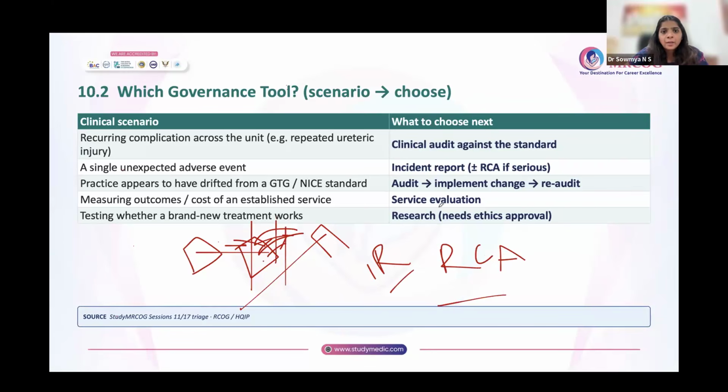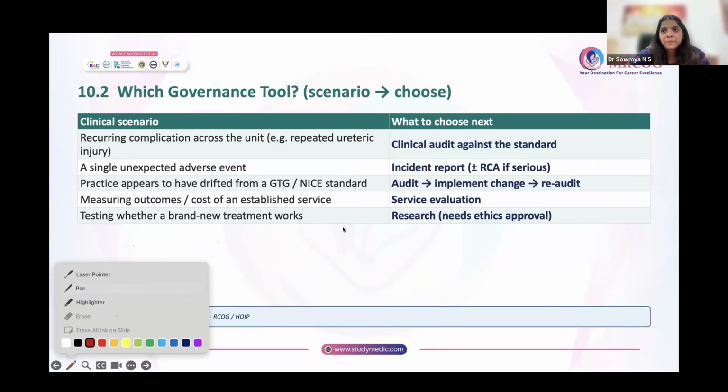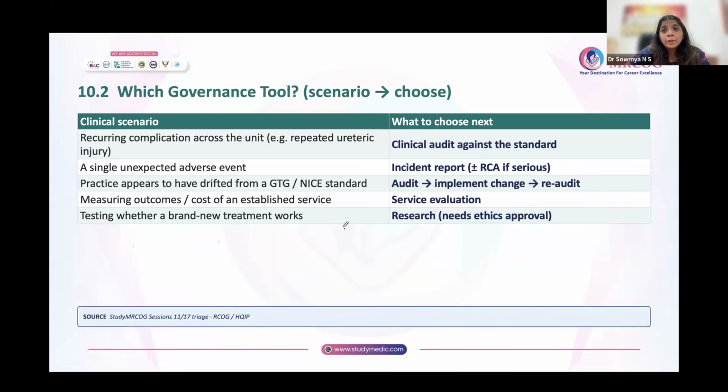Falling down itself doesn't trigger root cause analysis, because remember, this would all take time. You do an incident report for every single incident which you thought shouldn't have happened, from health to system-wise. If there is a serious injury, you do root cause analysis. Clear? Are we good about this?